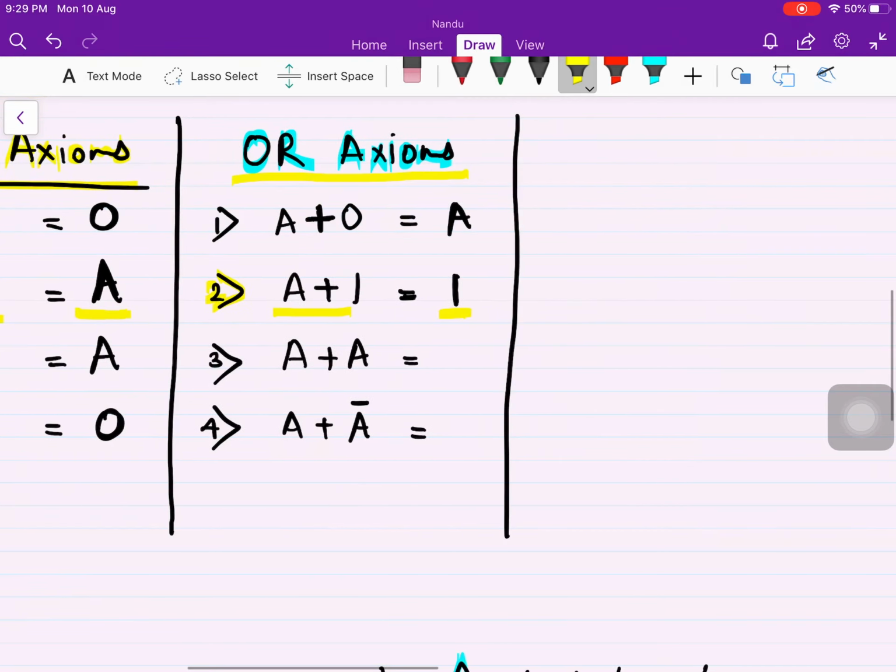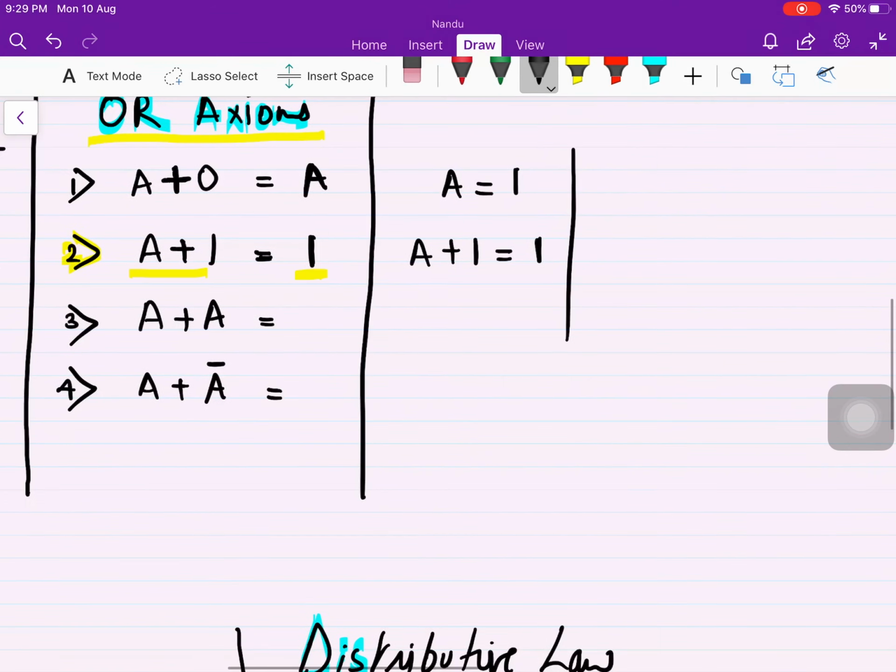You'll ask me why. It's simple. Suppose a was 1, in that case a plus 1, so 1 plus 1 will give me 1, correct, in Boolean algebra. Suppose a was 0, then a plus 1 will be 0 plus 1, which gives me 1.